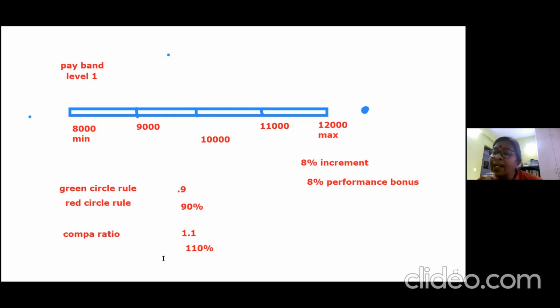For promotion, I will have people only at 110% or more. Or I will not give increments, which becomes my red circle rule: 120% comp ratio and no more increments. So I can determine all my policies with respect to comp ratios, so that I can have a hold on my wage cost.